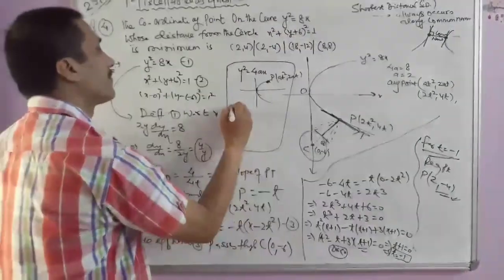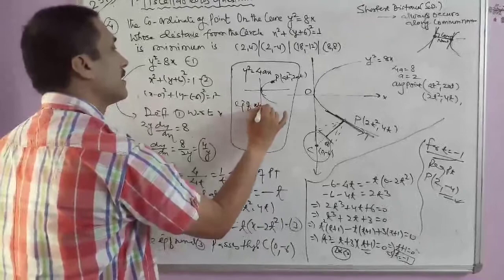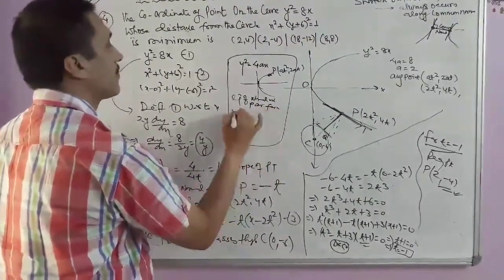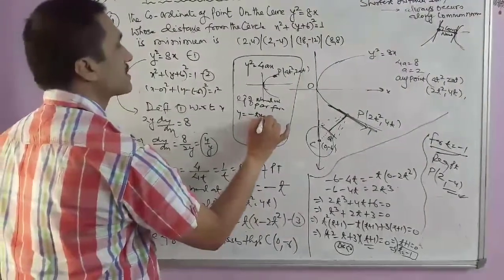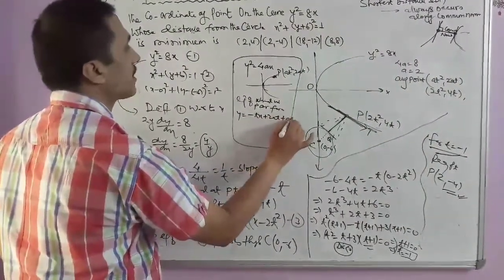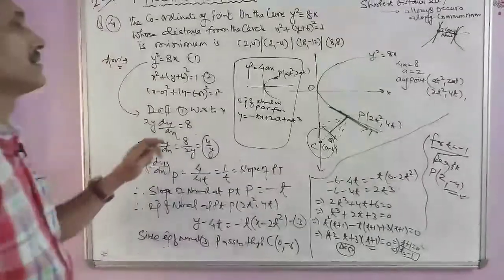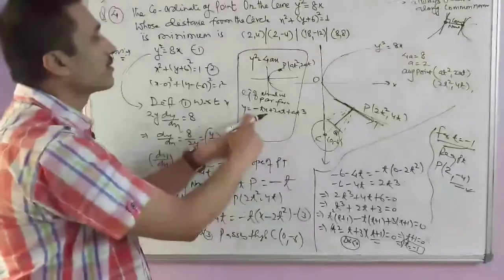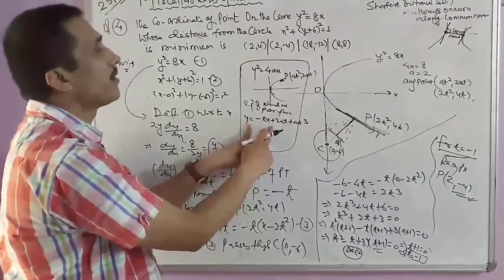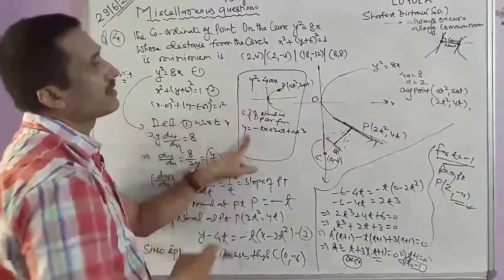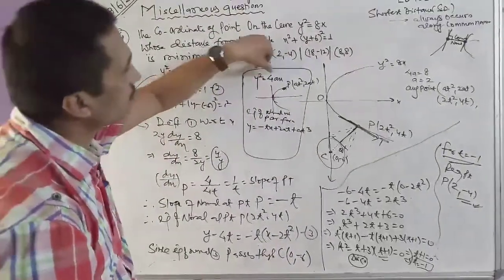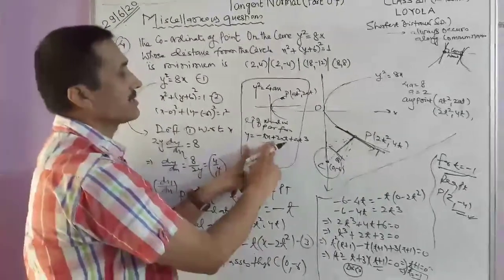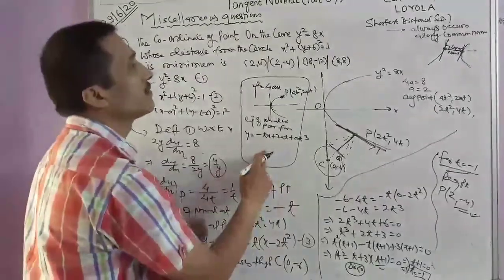We know the equation of normal in parametric form: y equal to minus tx plus 2at plus at cube. If we write a direct equation of normal in parametric form for y square equal to 4ax, it is y equal to minus tx plus 2at plus at cube.